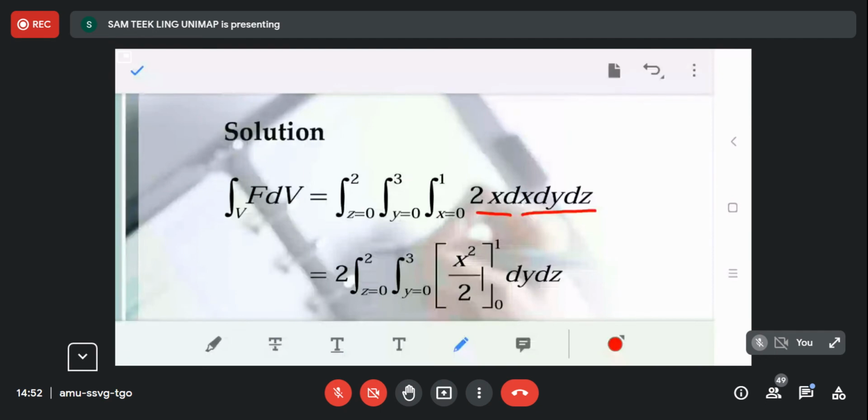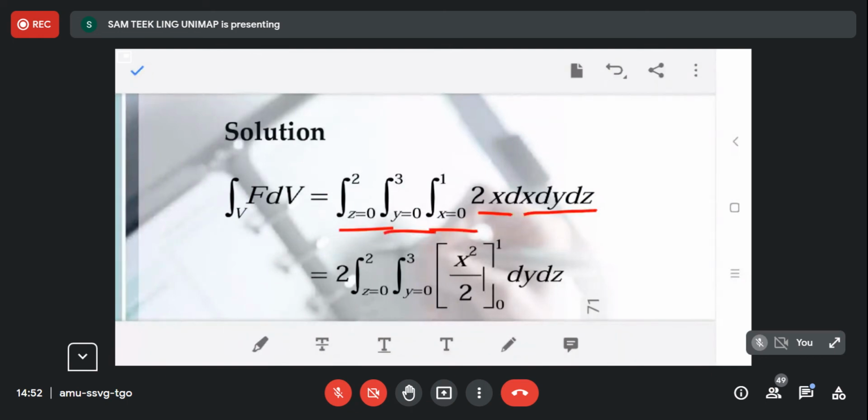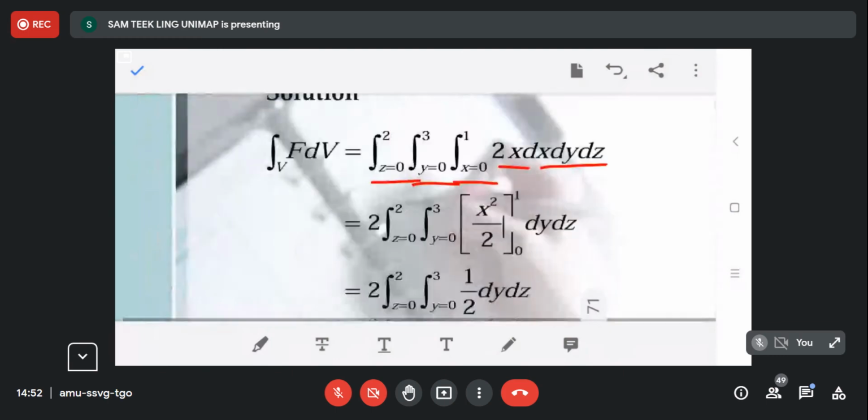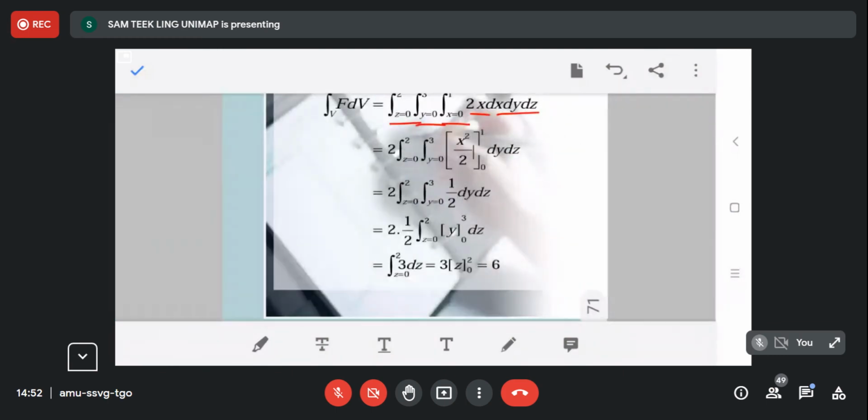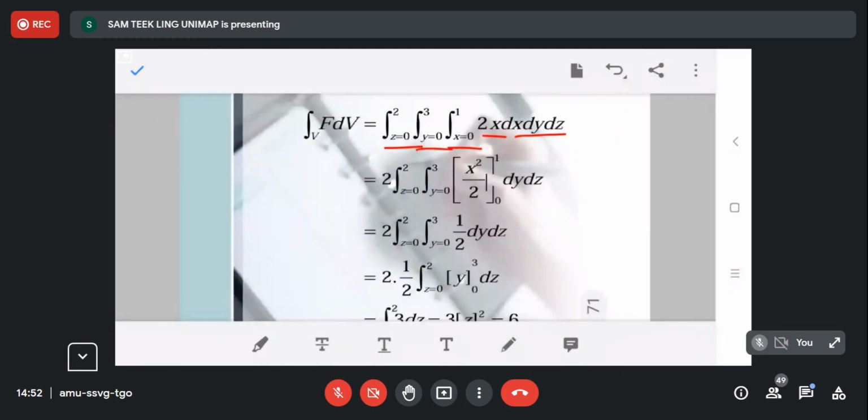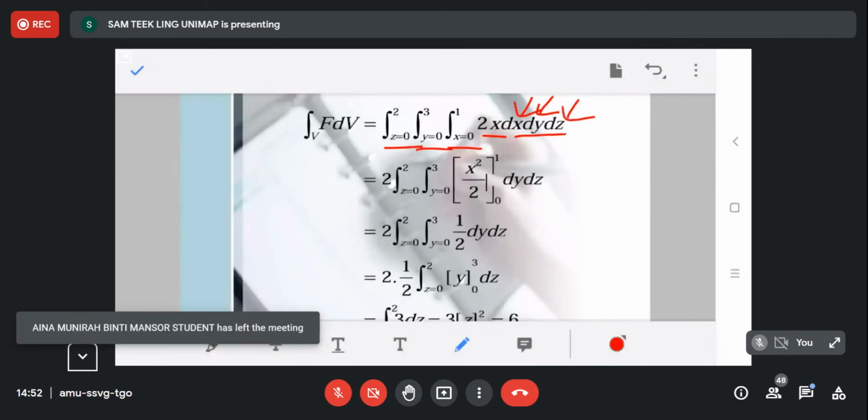This one is a cubic, so we cannot use polar coordinates. You directly write out x from 0 to 1, y from 0 to 3, z from 0 to 2. Then after this, you integrate one by one. This is the basic one. After you solve the x integral, you go to y, then last you go to z. So one by one, you solve.